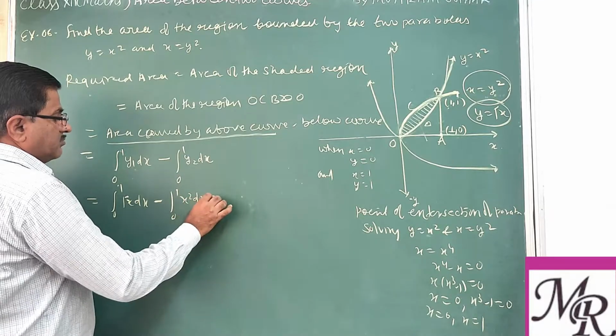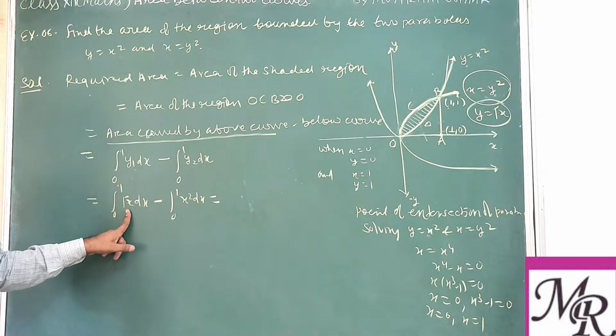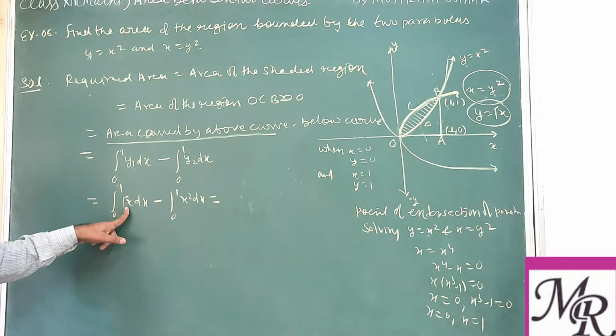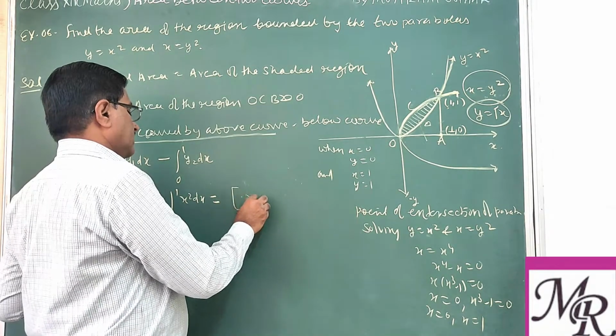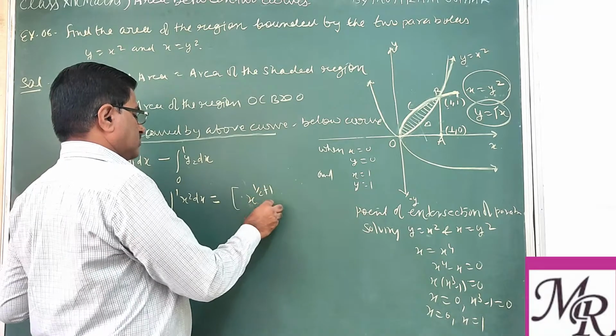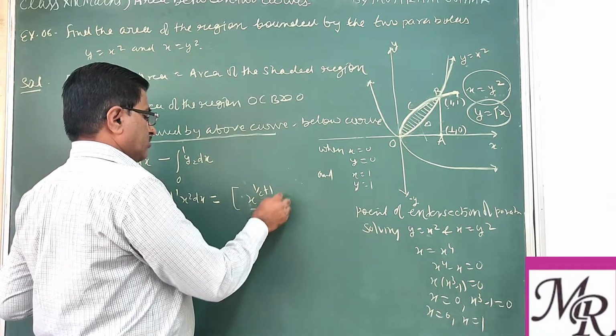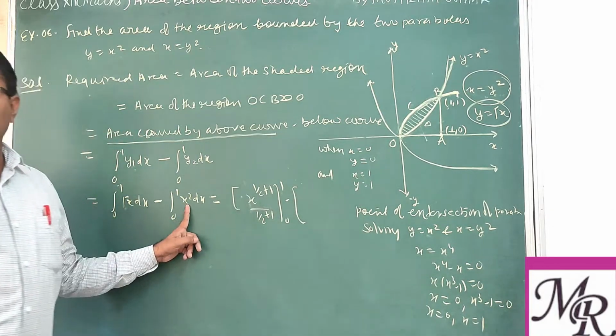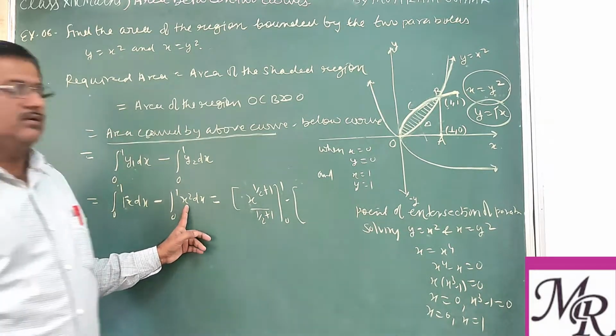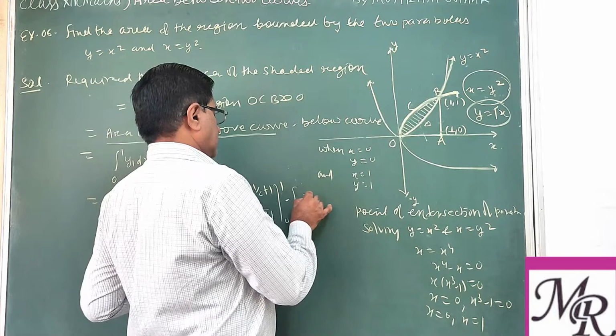Now this is a very simple definite integral. The integral of root x is x power 1 by 2 plus 1, over 1 by 2 plus 1, from 0 to 1, minus the integral of x square, which is x power 3 by 3.